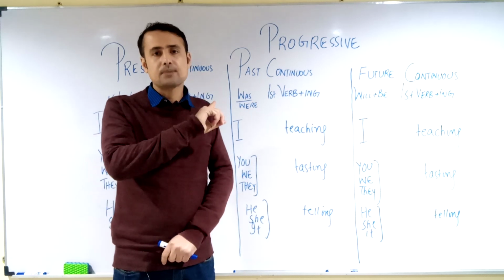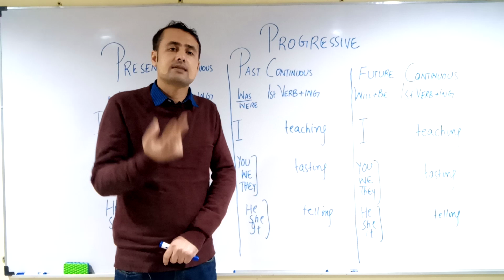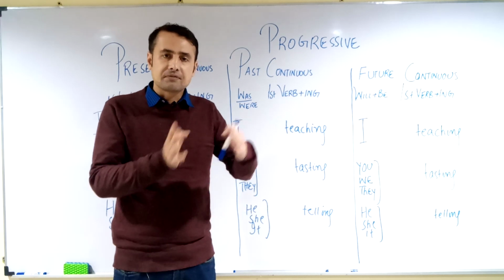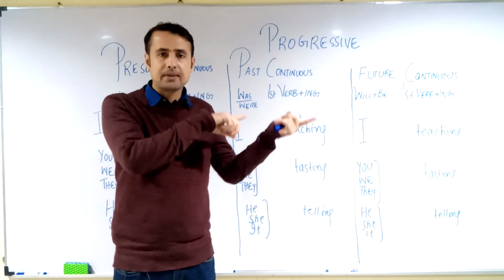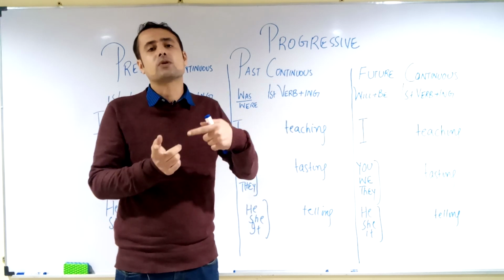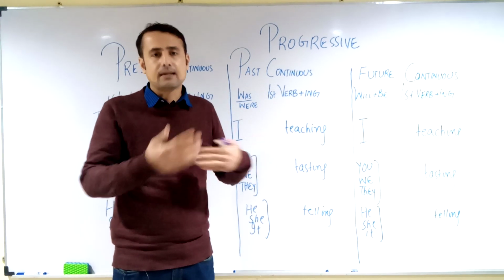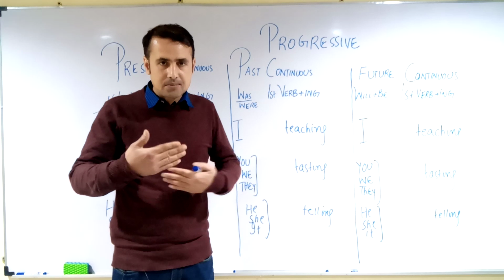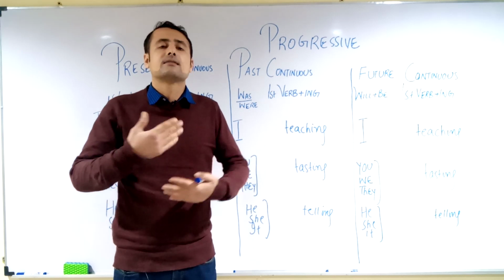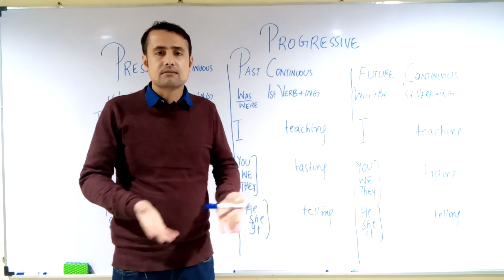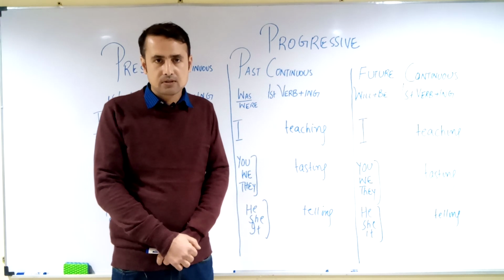If it was in progress, that would be past continuous. If we refer to a thing which will be in progress, we are talking about coming time. And if I am delivering a lecture, it means this present moment.